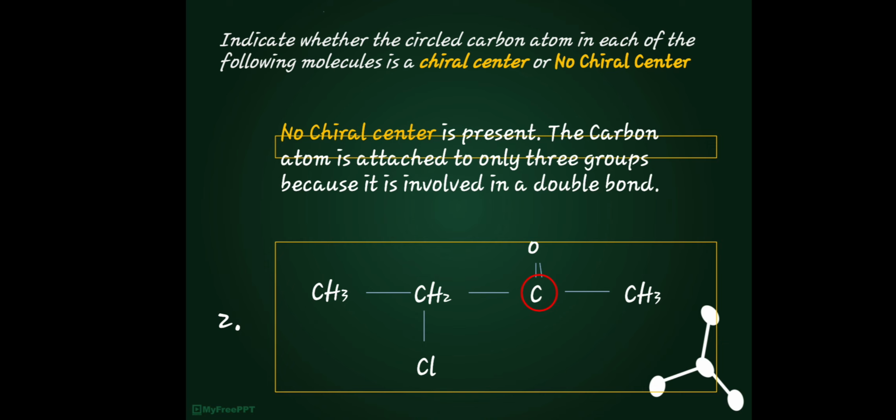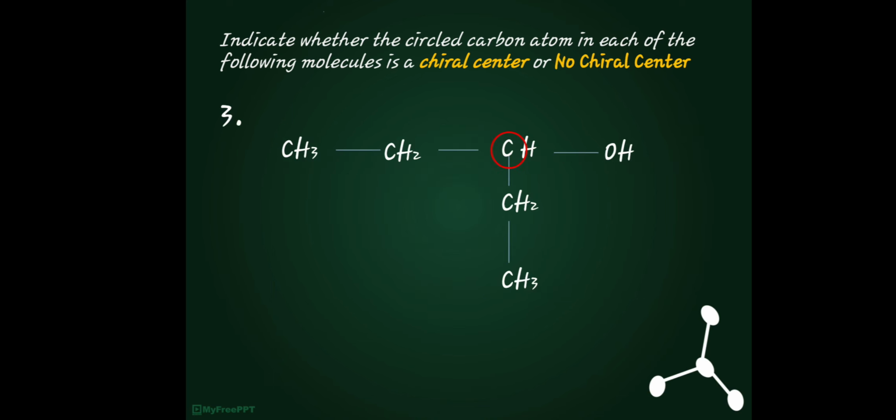Aside from that, it involves double bond. Kaya nga sinasabi ko na chiral center would always be a single bond. Pag ang structural formula mo has a double bond, hindi na siya chiral center. So, I hope you understand that one. If not, you can leave a question in our GC. So, let's move forward again.